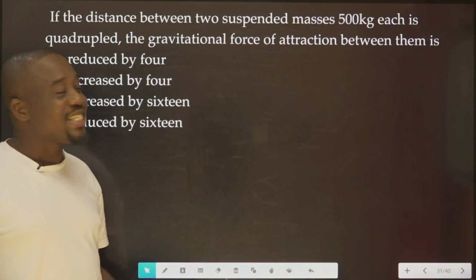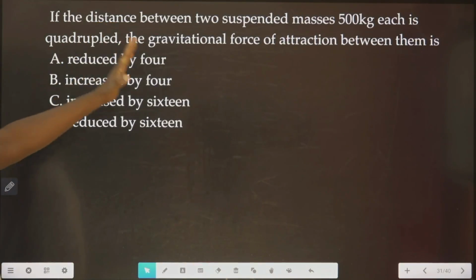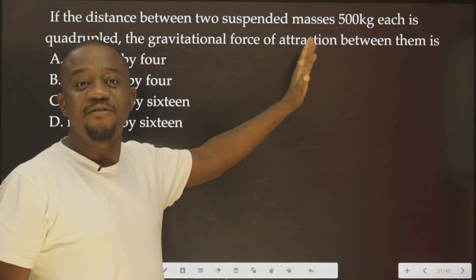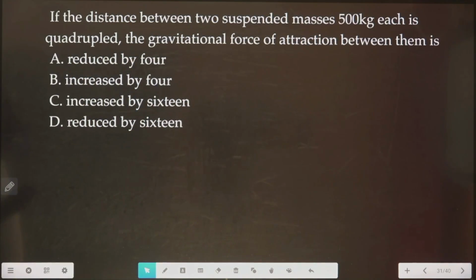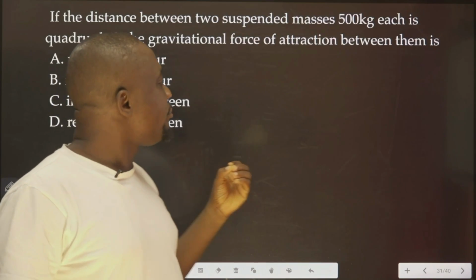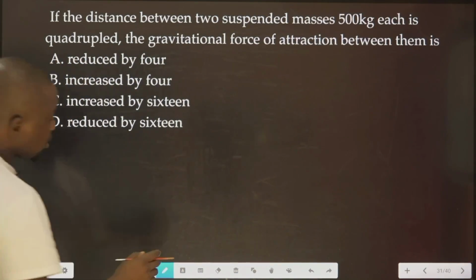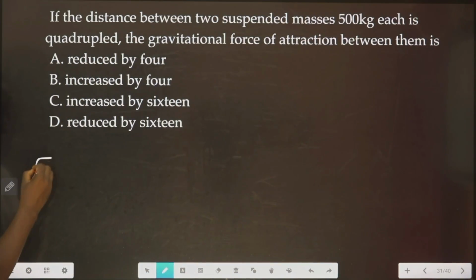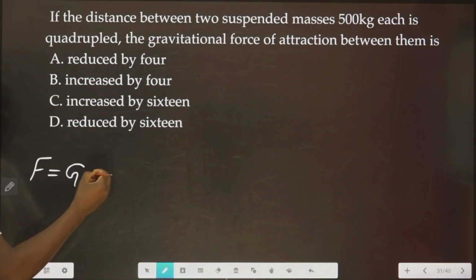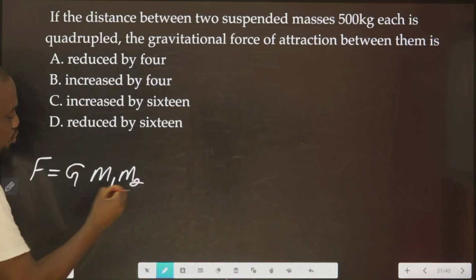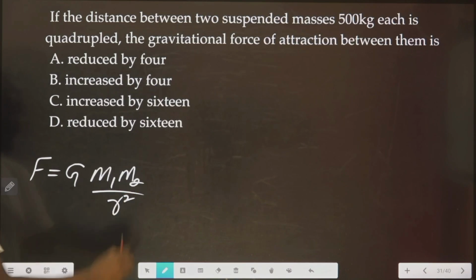Let's look at this. It says, if the distance between two suspended masses, 500 kg each, is quadrupled, the gravitational force of attraction between them is what? You agree with me? The formula is F equals G m1 m2 over r squared.